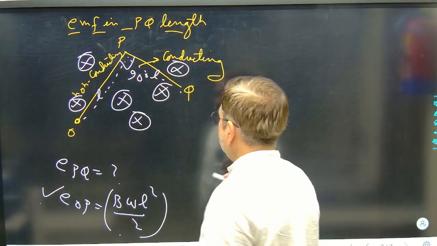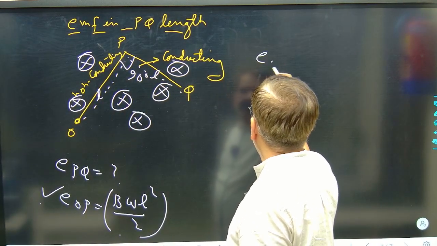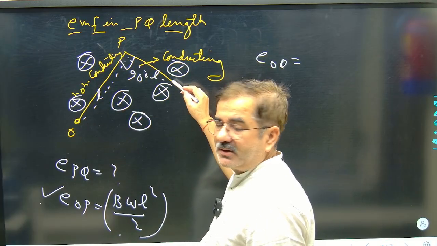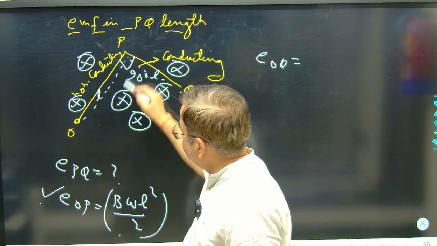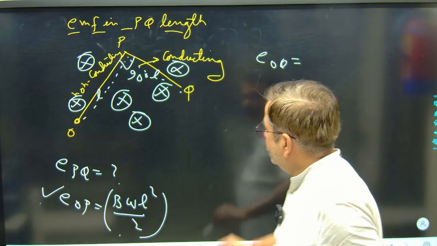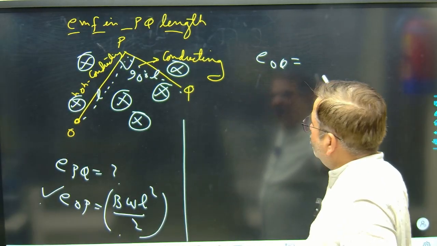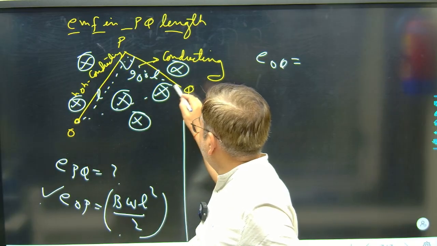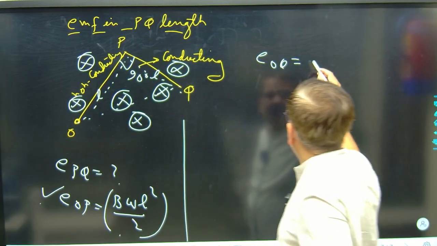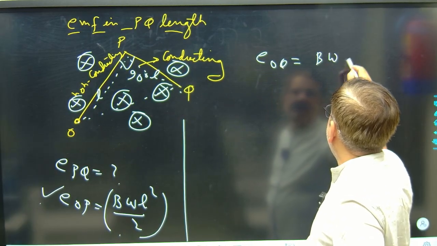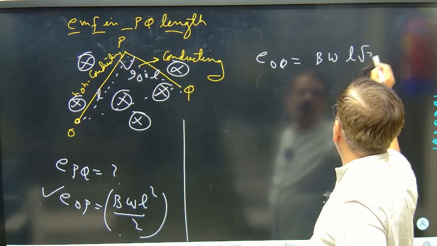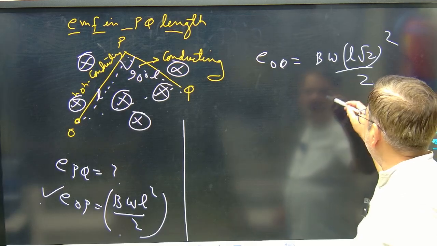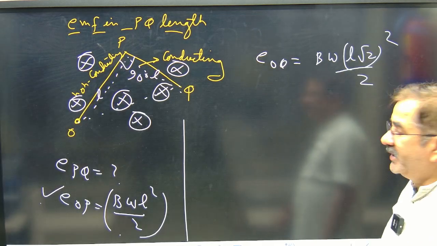Now for EOQ, I take the whole portion as conducting, and then subtract the portion to get the remaining EMF. That is my approach. For EOQ, the displacement between these two points is L root 2. So it is B omega times L root 2 whole squared by 2, which is L square by 2. This is the final result with the help of integration.